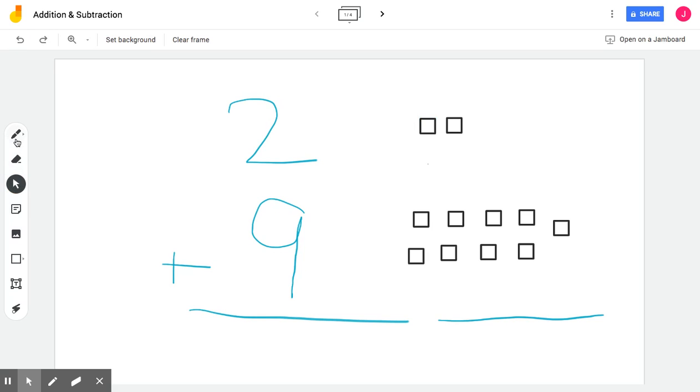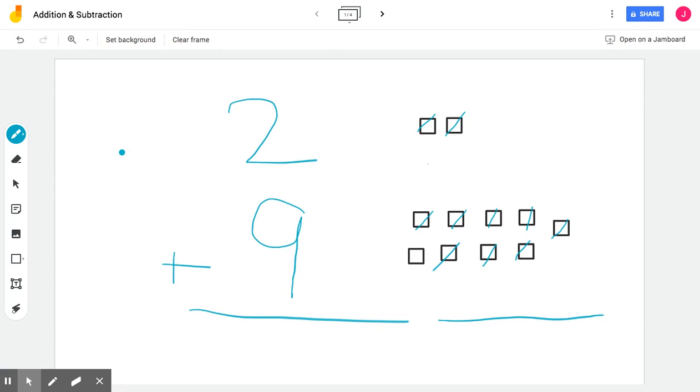If we want to add all of these 1 digits, we're going to have to add these 2. So we have 1, 2, 3, 4, 5, 6, 7, 8, 9, 10.